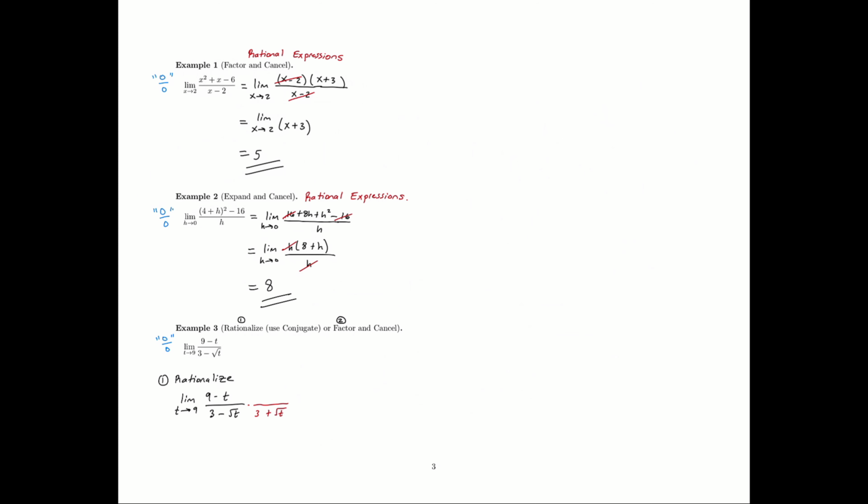So 3 minus root t turns into 3 plus root t. And remember that when you multiply by something like a fraction where the top and the bottom are the same, then really the numeric value of what's inside this box is just equal to 1. And remember that multiplying by 1 doesn't change the expression. Multiplying by 1 never changes anything. That's why multiplying by this is legal, because we're not actually changing anything.